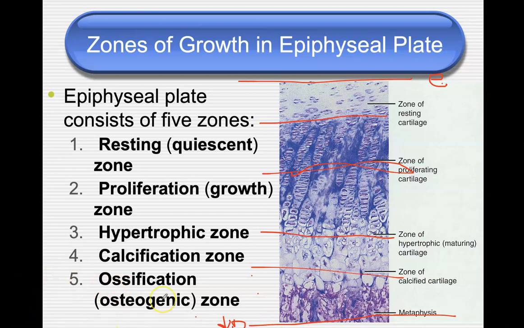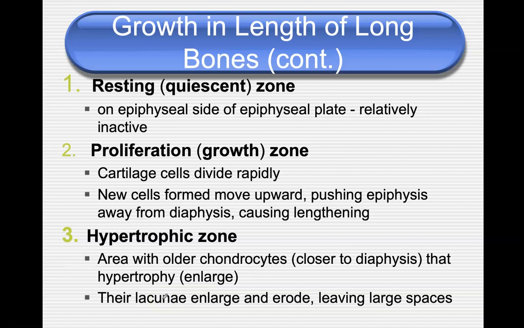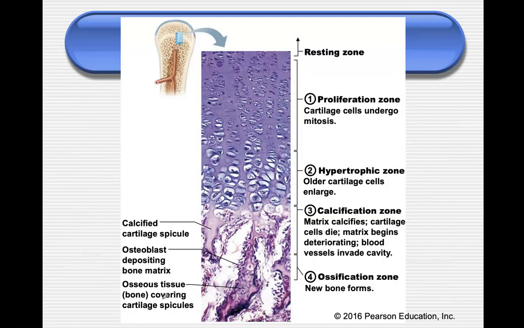Okay, so when we talk about each of these different stages, we just break this down for our purposes in terms of understanding what is happening in each of these phases. So when we talk about these different phases, again, the resting zone will be on that epiphyseal side of the epiphyseal plate, okay?